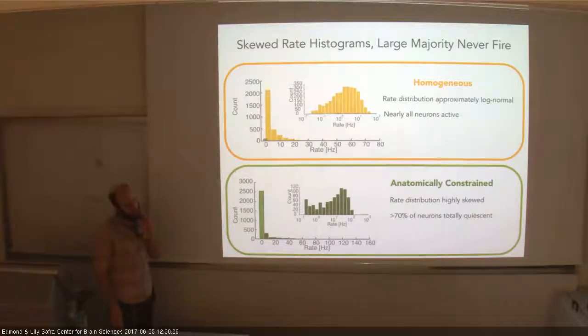We now understand why a log normal distribution of firing rates naturally emerges in homogeneous balanced networks.